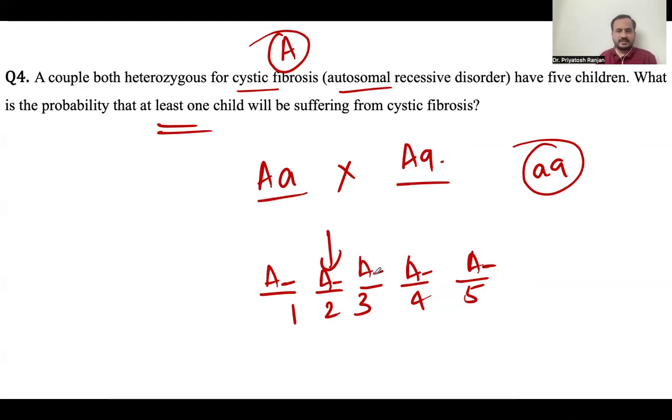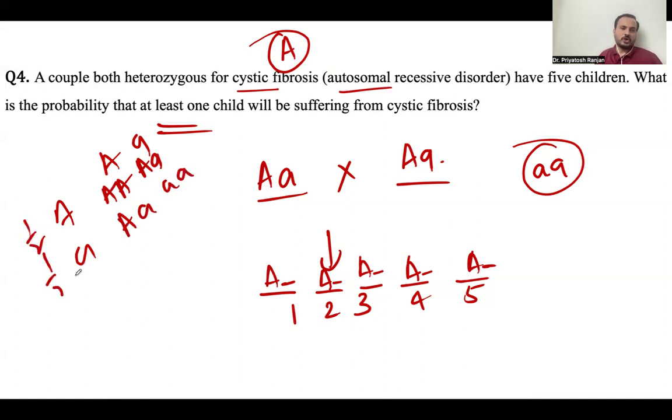To make it simpler, just think of the probability that none of the children will be suffering from cystic fibrosis. If you make a cross of capital A small a with capital A small a, what is the probability of getting capital A dash? We get capital A capital A, capital A small a, capital A small a, small a small a.